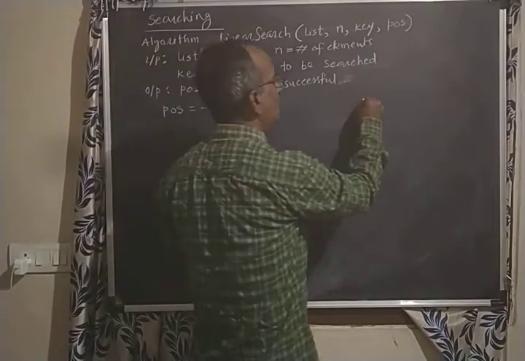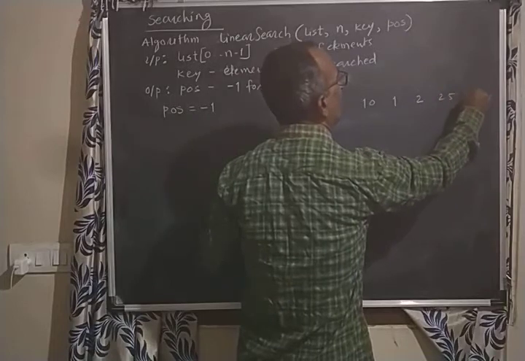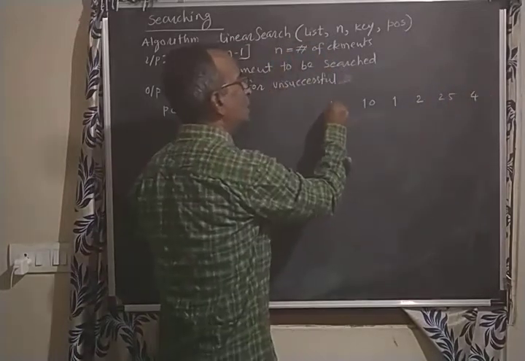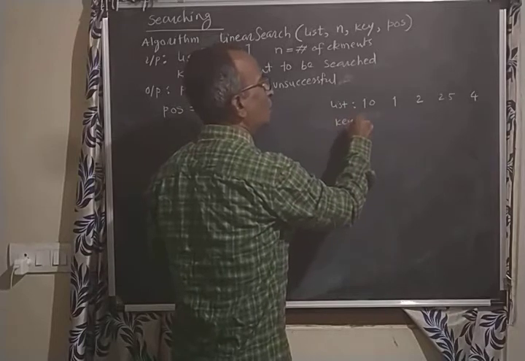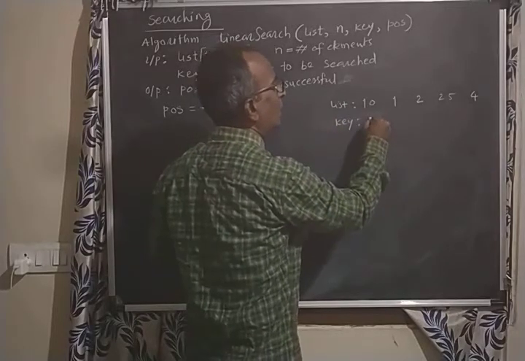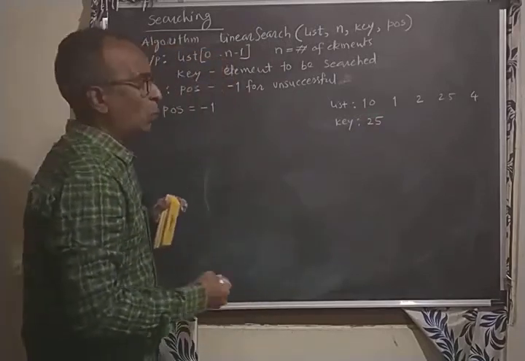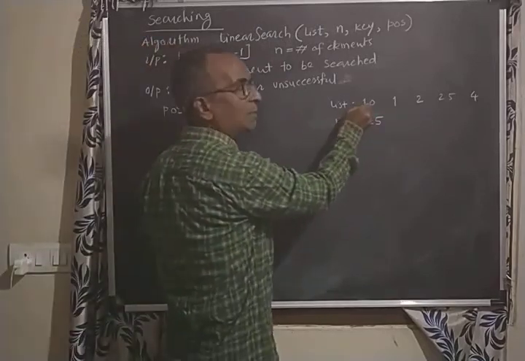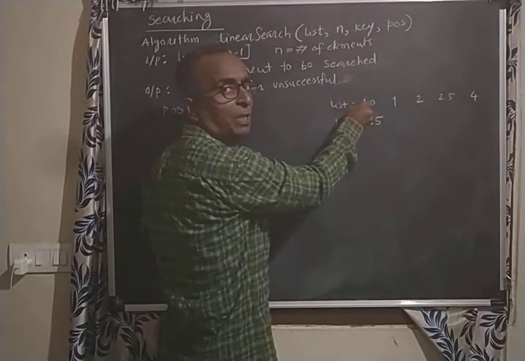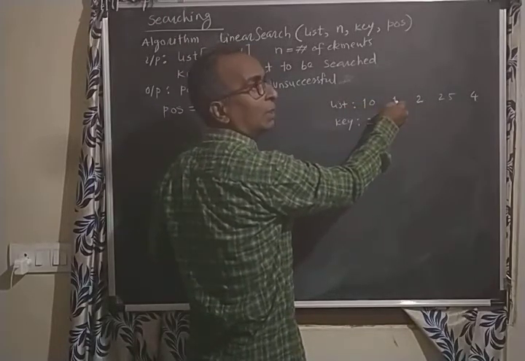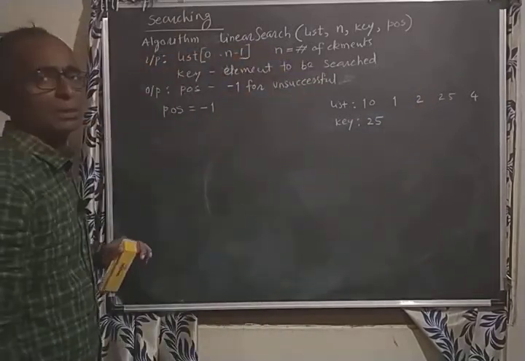Suppose the list is a simple list, and I am finding element 25 in this. So what we have to do: is it 25? We have to compare with every element in the list. Is it 25? If no, you have to compare with the others. Sequentially you have to follow this.